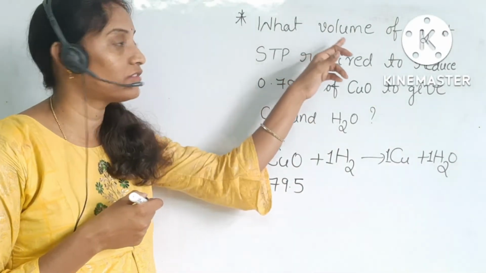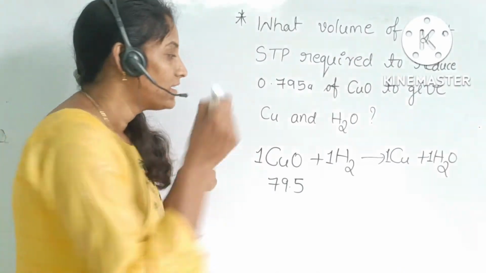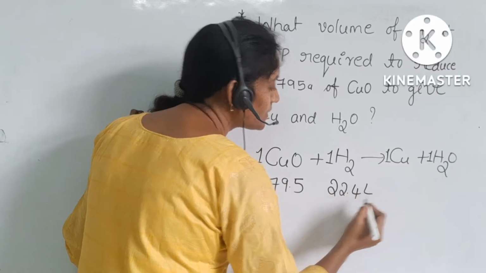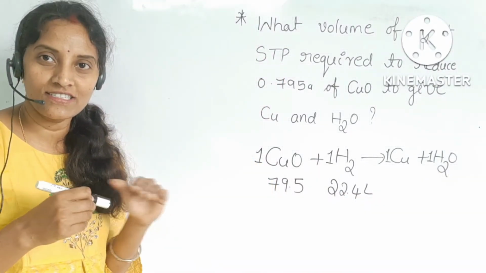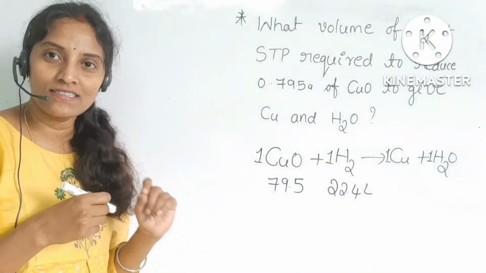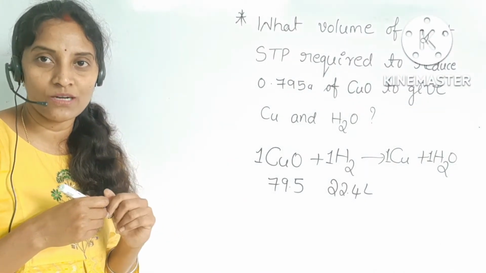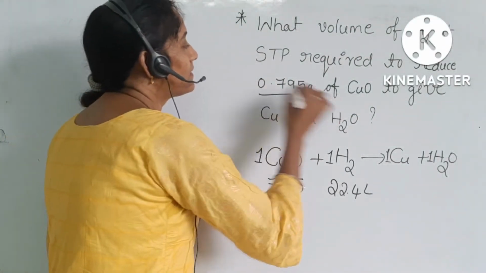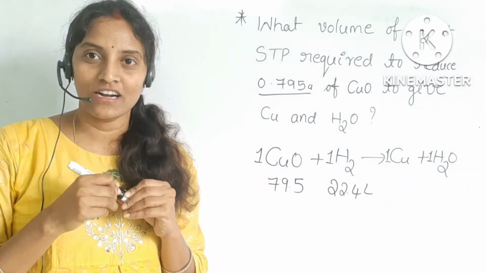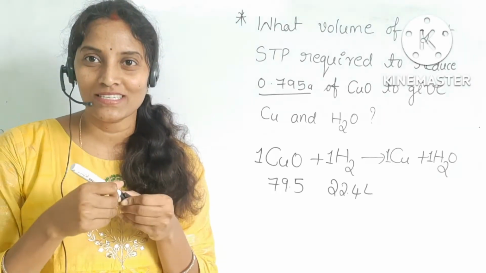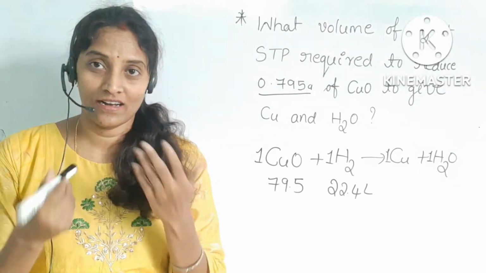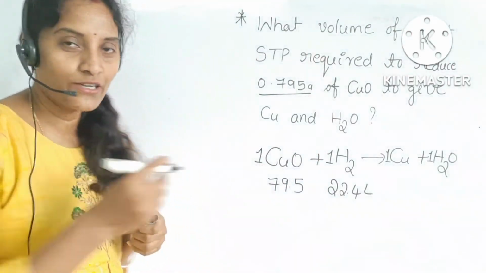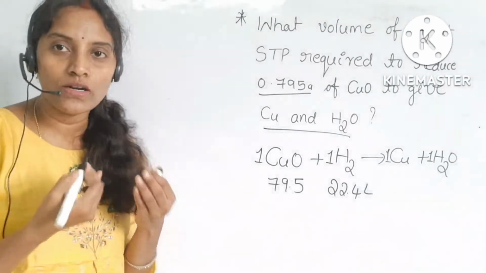That gas volume you need to tell. So 1 mole of H2 equals 22.4 liters of hydrogen gas needed to react with this 79.5 grams of copper oxide. Now how much hydrogen gas does 0.795 grams of copper oxide need to form copper and water?